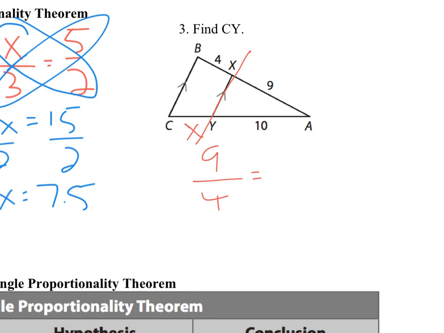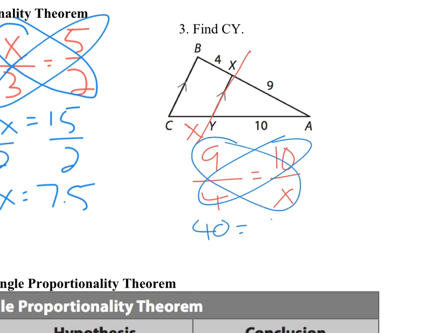And then our other proportion would be what? 10 is to x. Cross multiply, 4 times 10 is 40. 9 times x is 9x. Divide by 9. And x equals 40 over 9. If you want to get a decimal, you can get a decimal. It's like 4 point something.